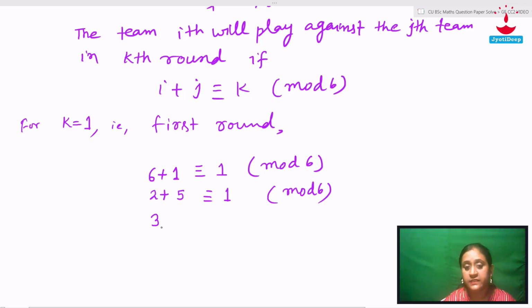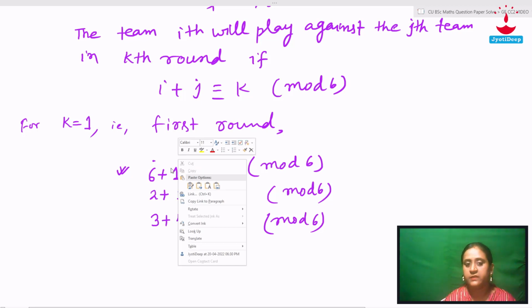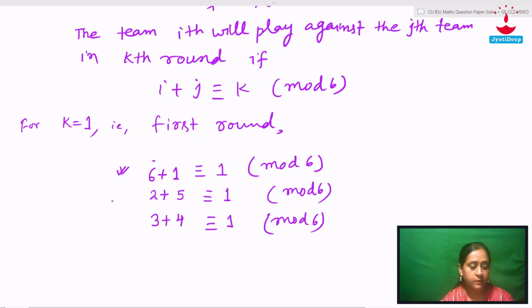And 3 plus 4 is congruent to 1 under mod 6. Okay, so we have taken all the teams 1, 2, 3, 4, 5, 6. What does it mean? This means the sixth team will play with the first team in the first round.